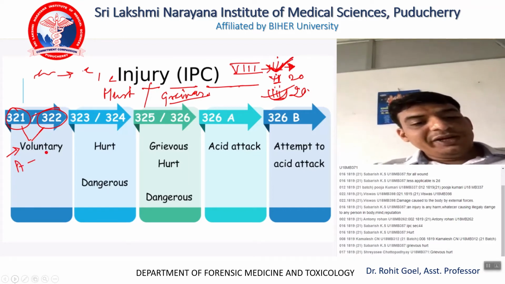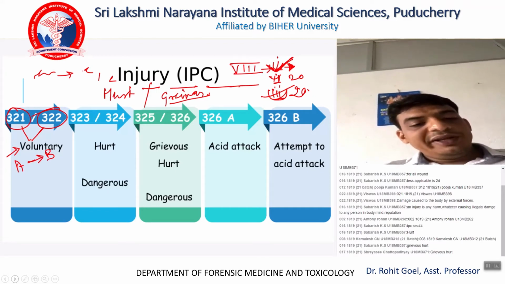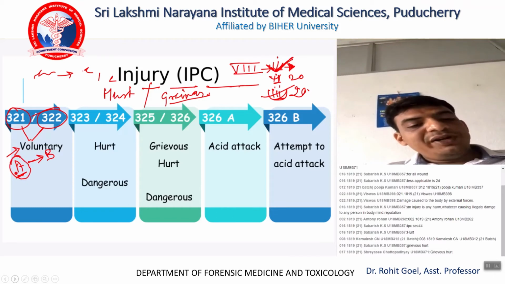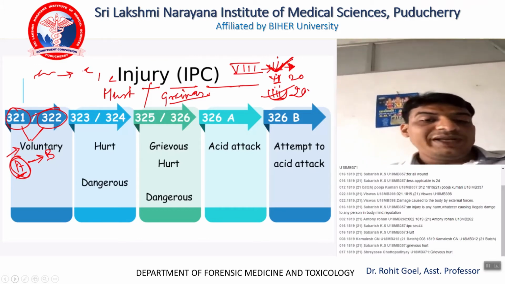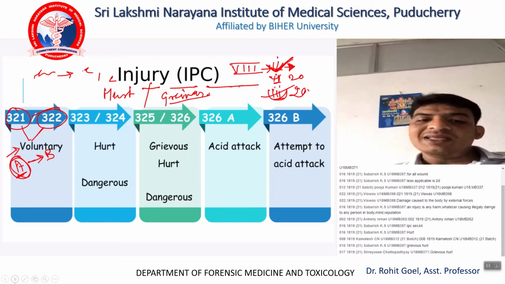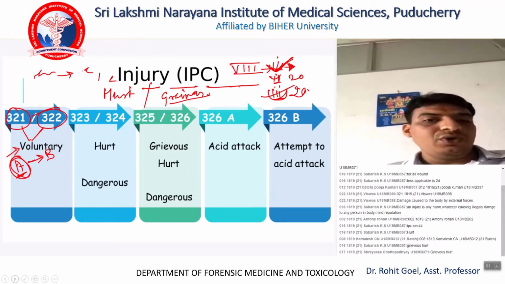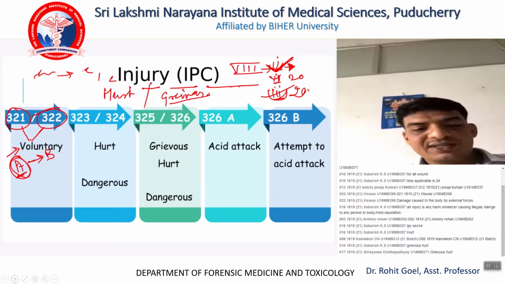A has hit B. Whether this hitting has happened by the voluntary action of A will be taken into consideration, whether A has hit B voluntarily. For that, circumstances have been defined. If you want to go into detail, you can go through this section.